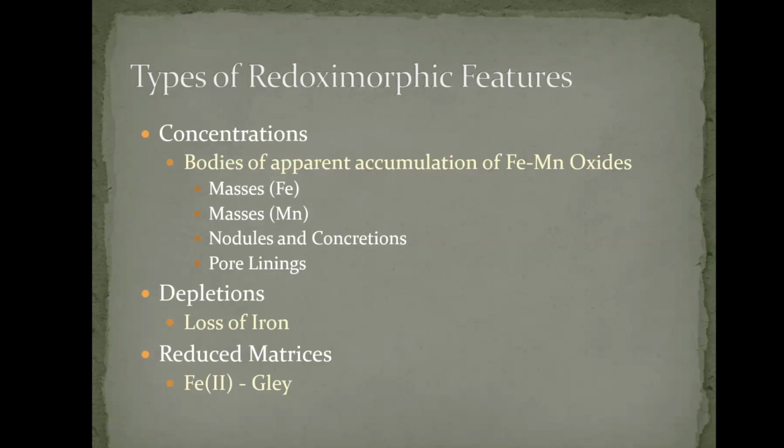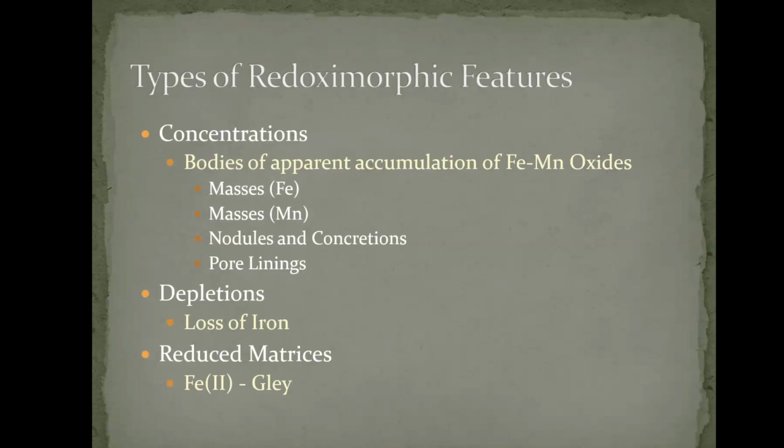We could also have a depletion, because remember I said that if we change the state of iron, it can be a free ion, soluble in the water, and it can move. We could have an area that it left, a depletion or loss of that iron. And then maybe it's not a loss, it didn't go anywhere, but it's still in a reduced state. Iron in that different ionic composition in a reduced state is what we call gley.